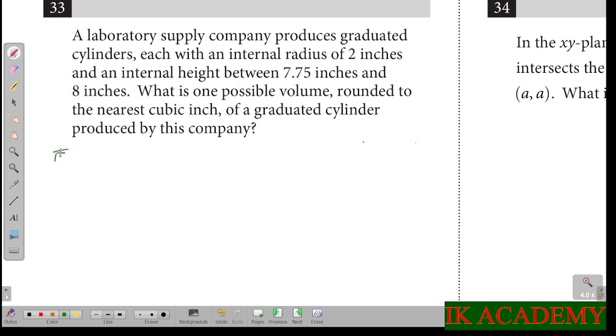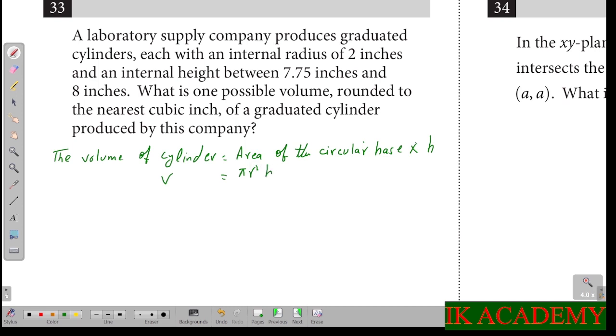We know the volume of a cylinder is equal to the area of the circular base multiplied by height. So volume will be equal to pi r square times h, where the area of the circular base is pi r square and the height is h. For the smallest possible value, r is equal to 2, which is already given, and the smallest height is 7.75.